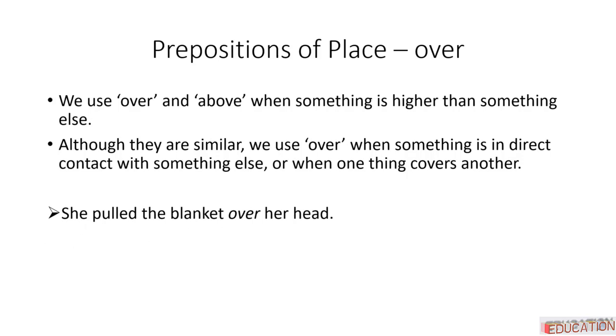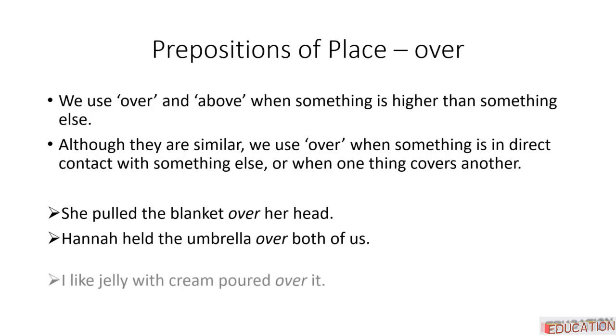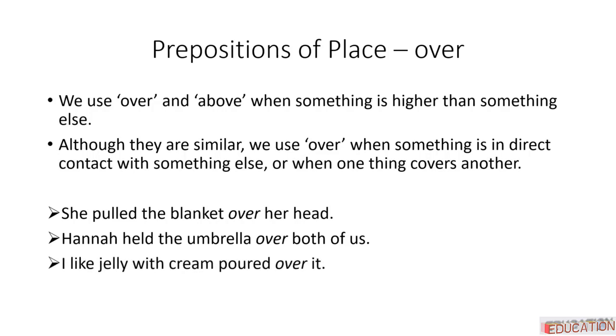She pulled the blanket over her head so that the blanket was touching her. Hannah held the umbrella over both of us. So in this case, the umbrella isn't actually touching us, but it does cover both of us. I like jelly with cream poured over it. Put the towel over the radiator to dry.